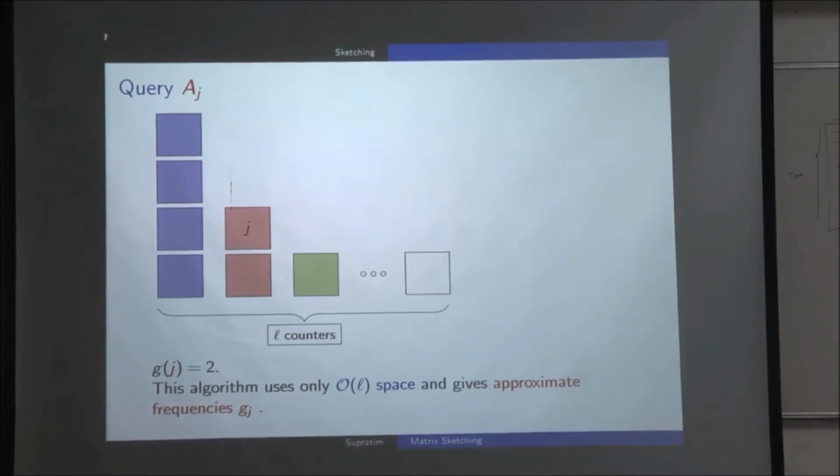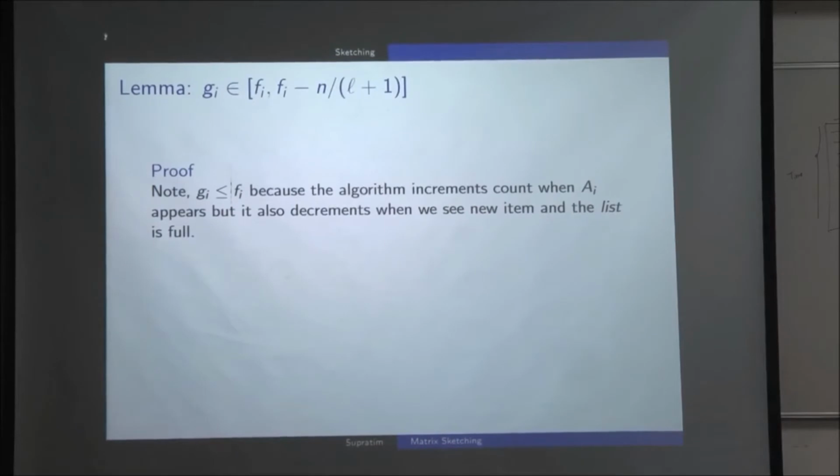I will show you the proof of this. This algorithm returns the frequency Gi, which is between the exact frequency Fi and Fi minus n over L plus 1.